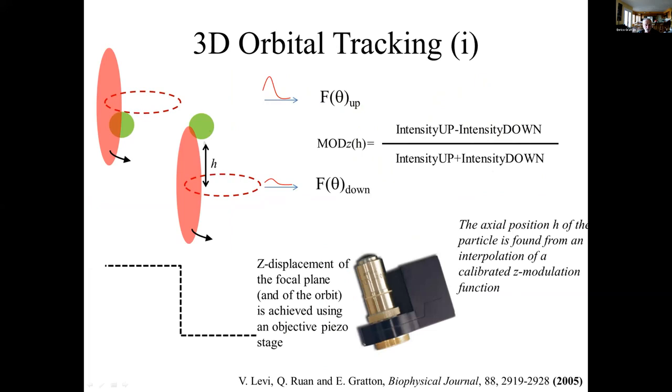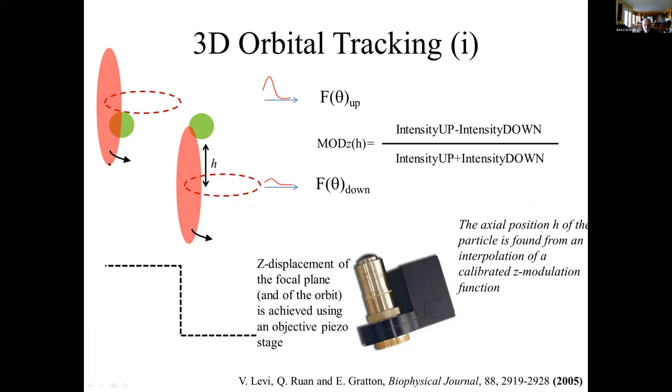Actually, we do the following thing. Suppose this is the point spread function and this is the particle. We do an orbit, for example, which we call up, and an orbit which we call down. If the particle is exactly at the center, the up orbit and the down orbit will give the same intensity. If the particle is in the up direction, the up orbit will give a larger intensity.